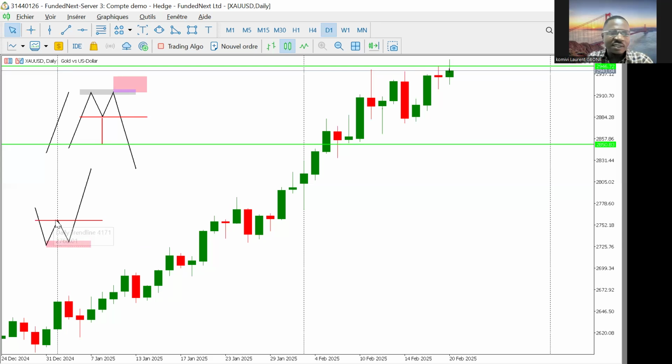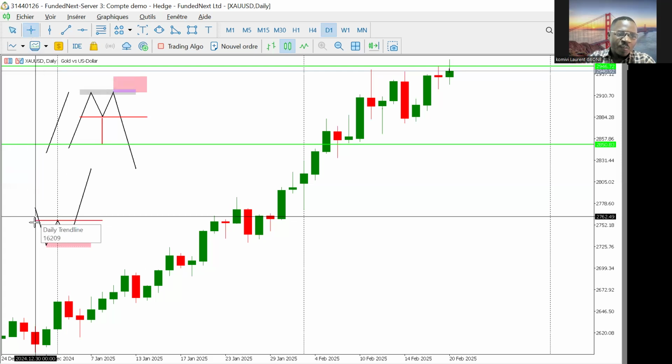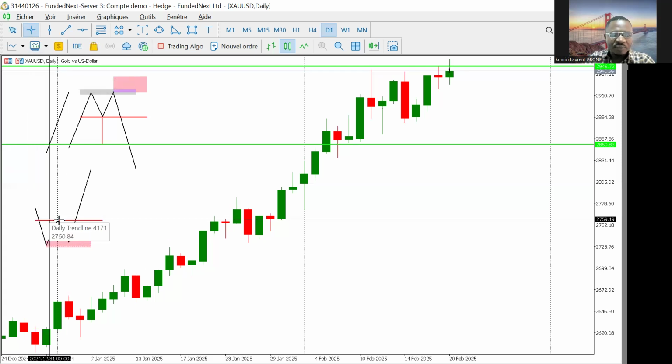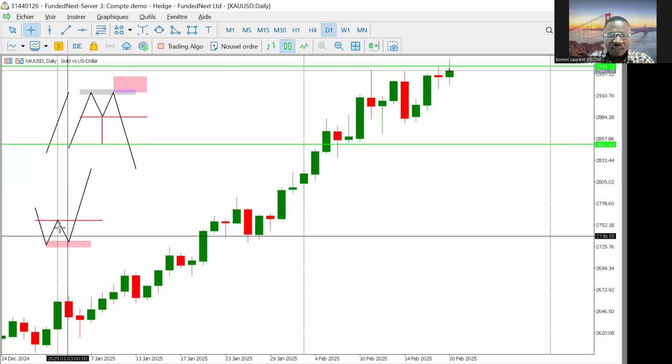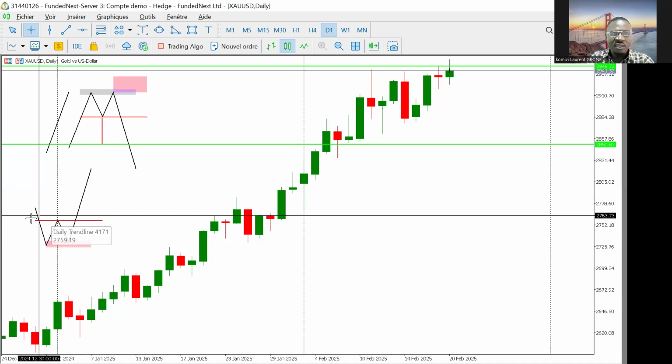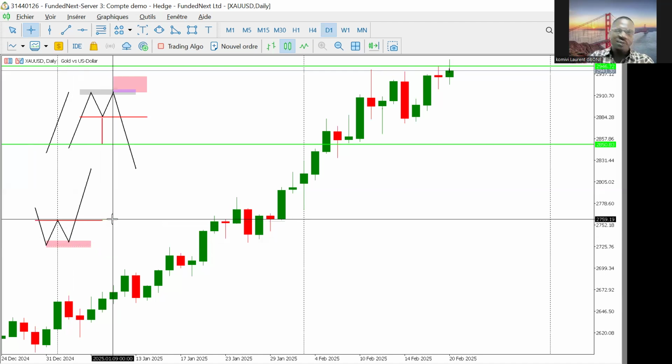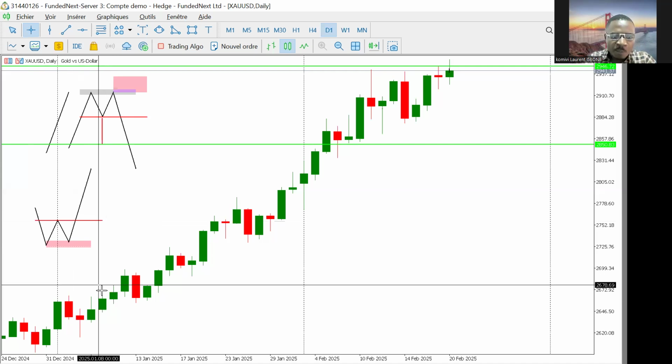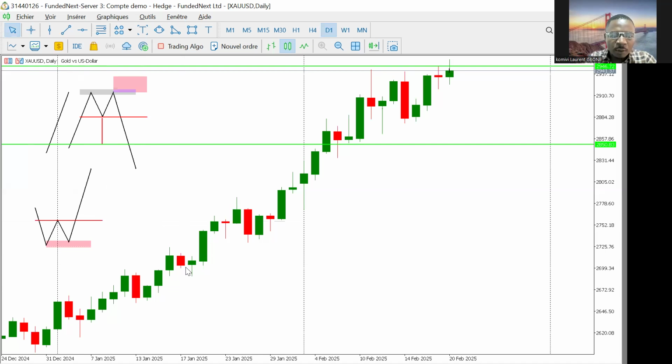Very often there is a resistance level somewhere here, which makes the price drop again. You see this? So this is a resistance level. Good. So when the price breaks this, it may go up strongly.